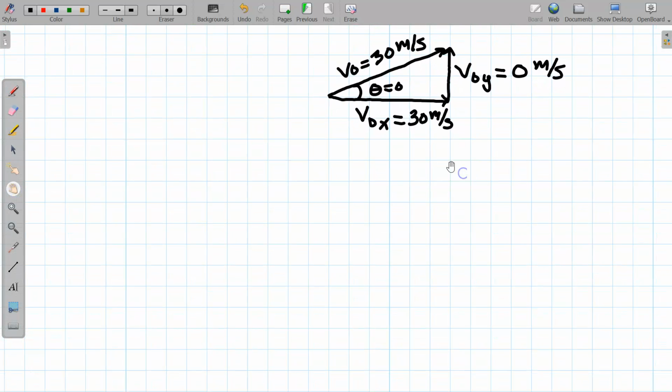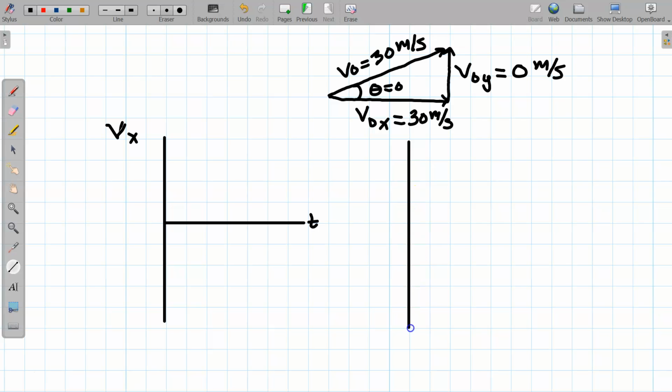Now that I have my velocity vectors in each dimension, I'm going to make my velocity versus time graphs in the x and y direction. My velocity in the x direction versus time, and my velocity versus time graph in the y direction. Alright, as we saw from our projectile motion lab, in the x direction, my starting velocity is constant throughout.